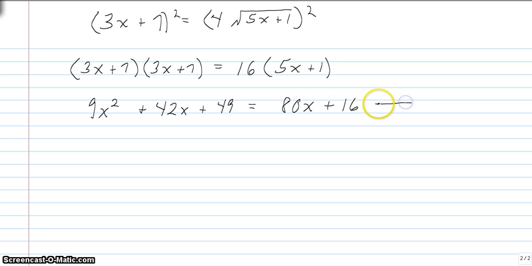Now at this step, I've got a quadratic, and so I want to get this equal to 0, so I'm going to try to get 0 on the right side of the equation, which means subtract those terms from both sides.